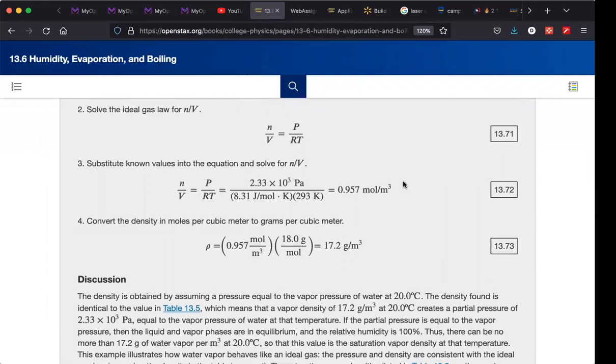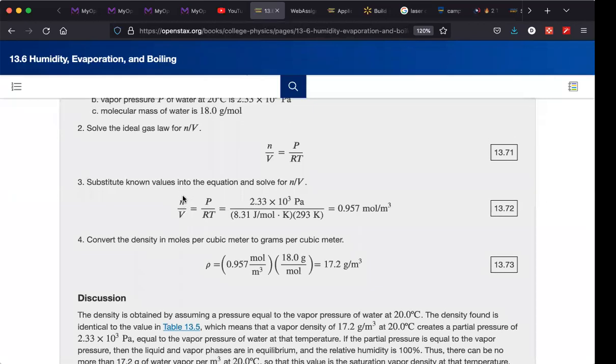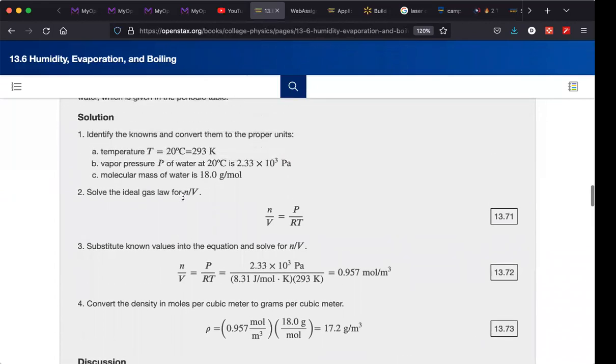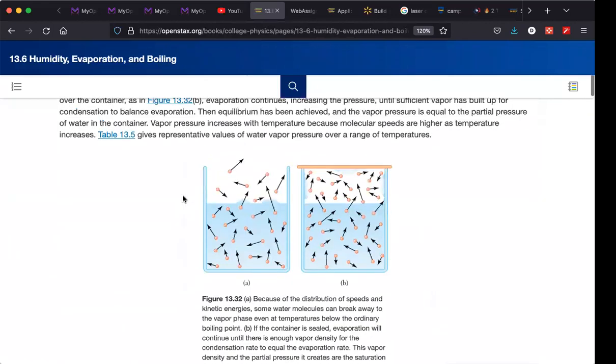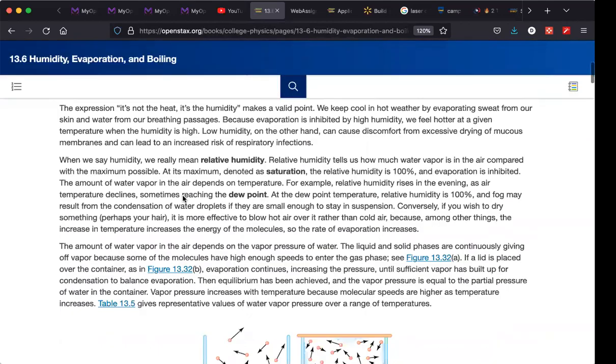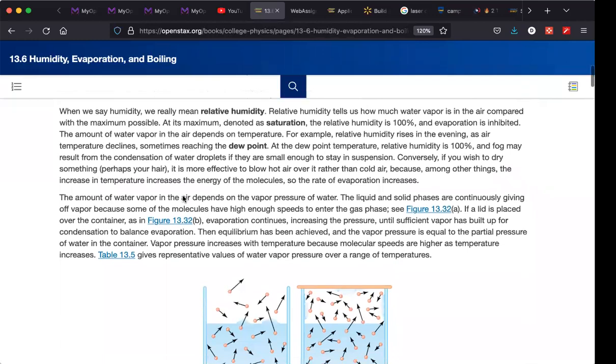Partial pressure is the number of molecules per volume, so that's this N over V. I believe that's what partial pressure is. I'm trying to remember if that's correct. It says it right here somewhere.